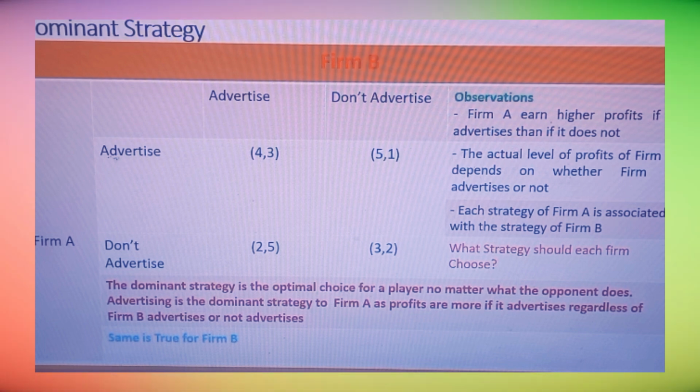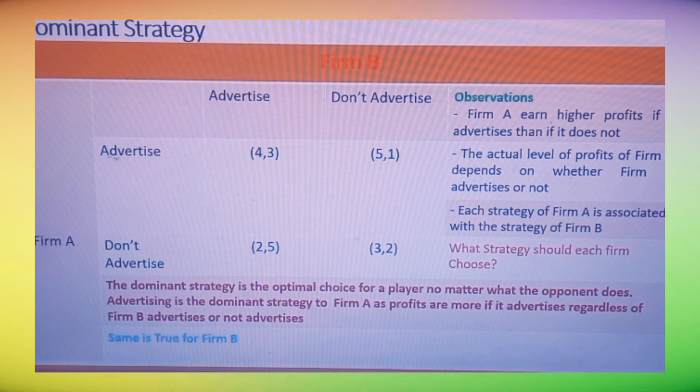In the parenthesis, the first number represents benefits to firm A, and the second number represents the benefits to firm B. So if firm A advertises and firm B also advertises, the benefits are 4 and 3. If firm A advertises and firm B doesn't advertise, higher benefits go to firm A, 5, and B will get 1. And the same is the case if firm A doesn't advertise and firm B advertises: 2, 5. If both don't advertise: 3, 2.